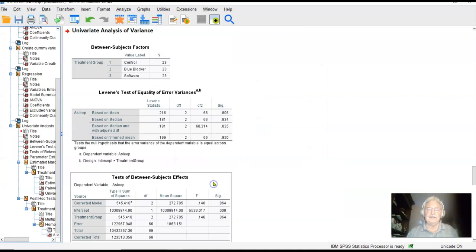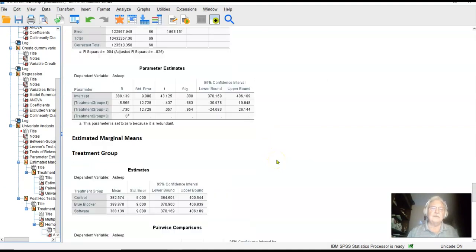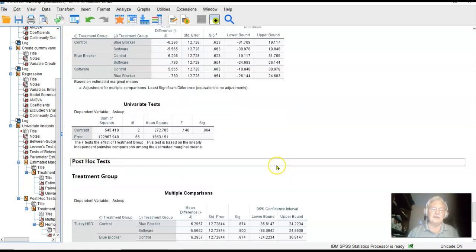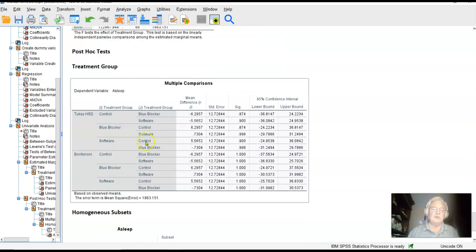Now we didn't find anything before, so we're not going to find anything here either. But just to see what it looks like, here are multiple comparisons. It does just like it did with the LSDs, compares all the pairs twice, and it gives the significance.